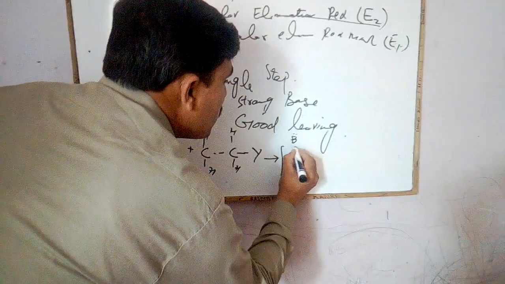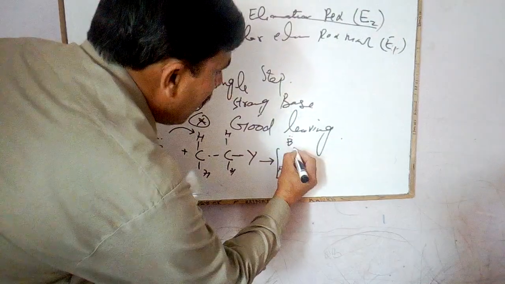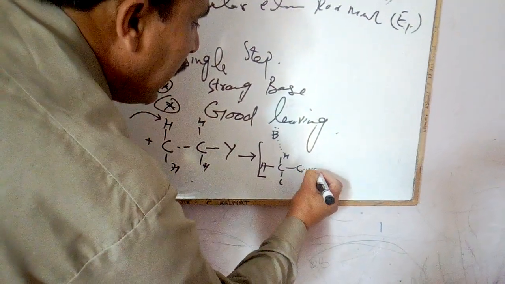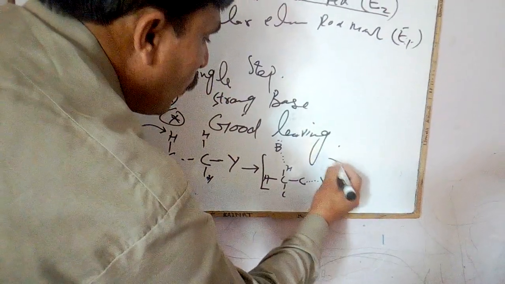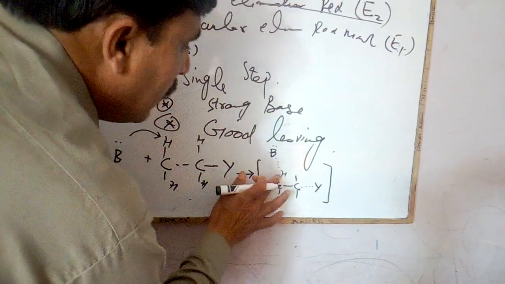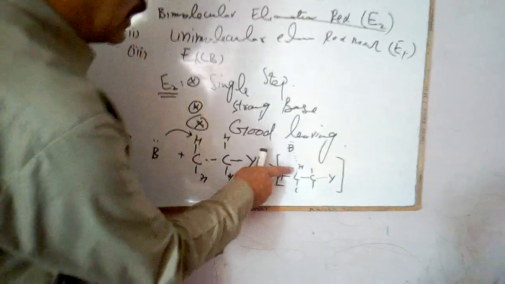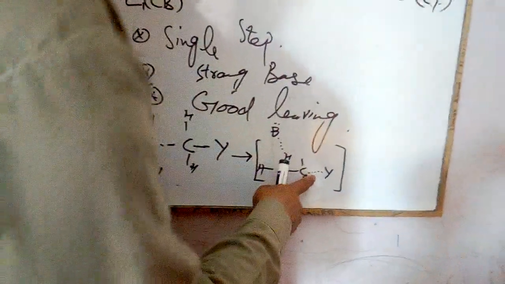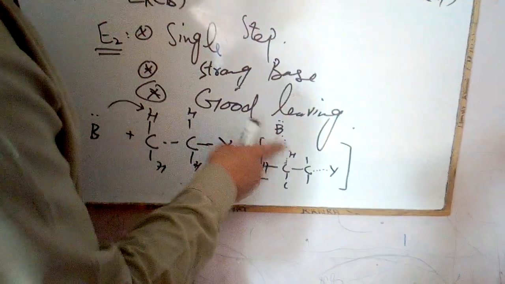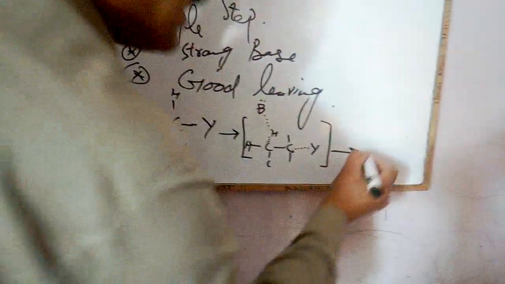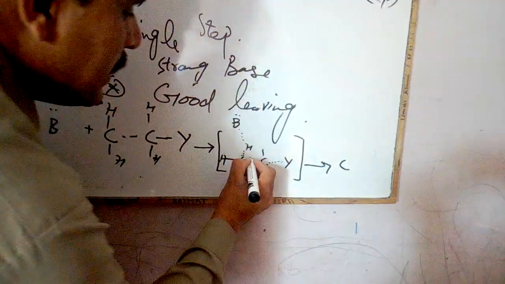The base will form a bond with the proton, and this proton will leave the carbon atom, while on the other hand the leaving group will also leave the molecule. These dotted lines show that this bond will be broken, and a new bond between B and H will be formed.